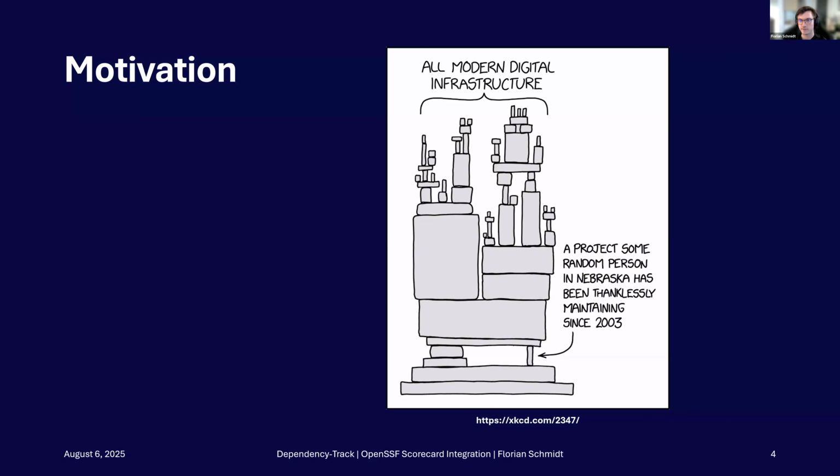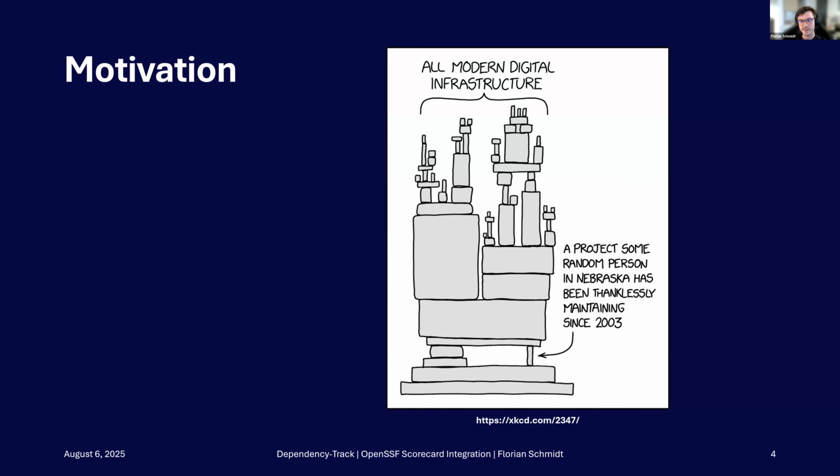And this has, of course, led to issues in the past, with single maintainers of packages facing difficulties of various kinds, with all of the implications that stem from that. So thinking about incidents like core-js and NPM left-pad or event-stream, stuff like that. So these kinds of supply chain attacks that, of course, affect a lot of all modern digital infrastructure.